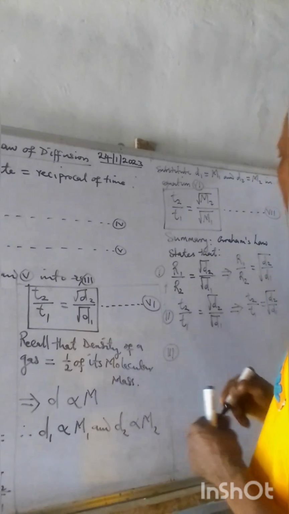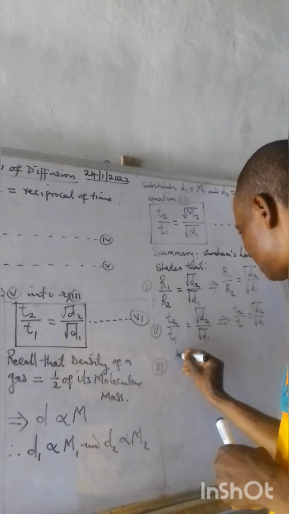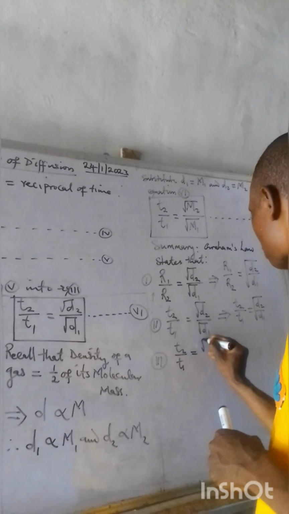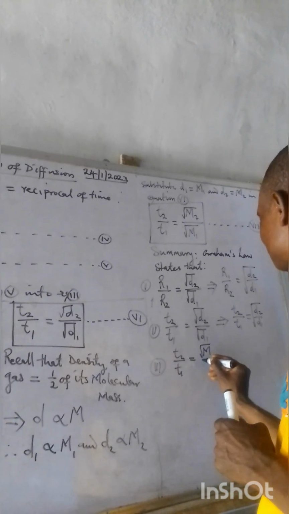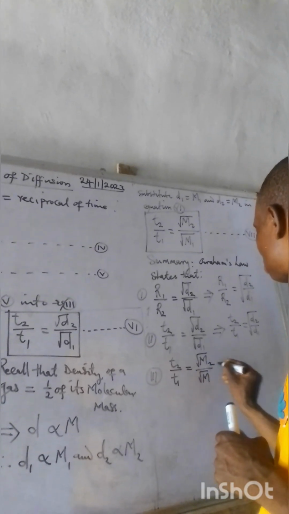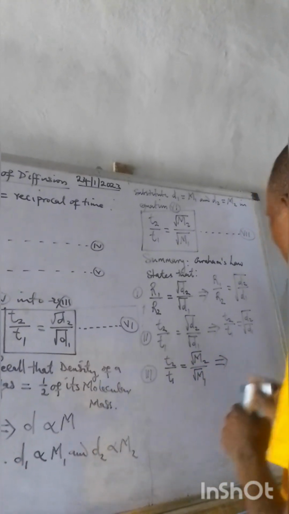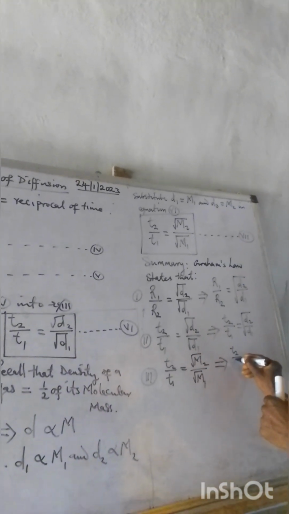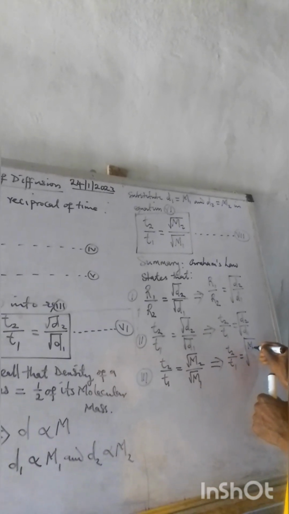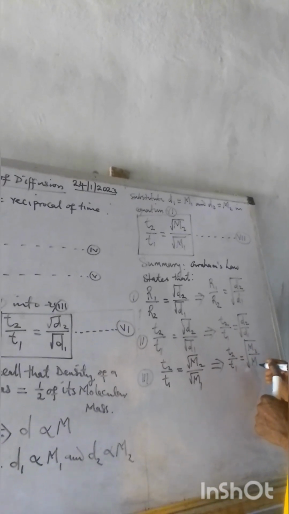Number 3, we can also say that T2 over T1 equals square root of molecular mass of gas 2 over molecular mass of gas 1, which is the same thing as T2 over T1 equals square root of molecular mass of gas 2 divided by molecular mass of gas 1.